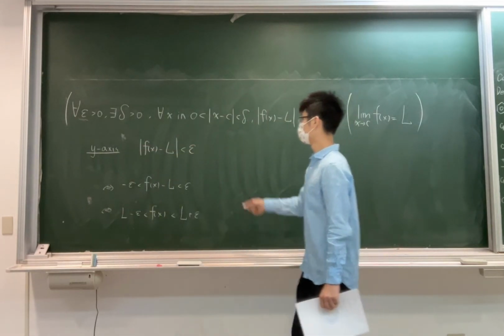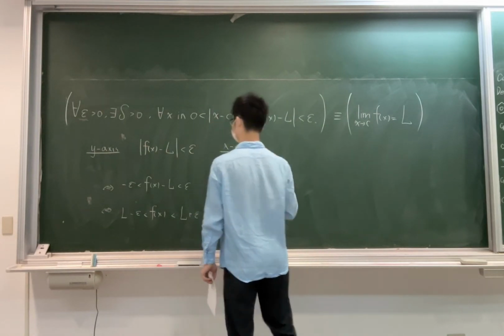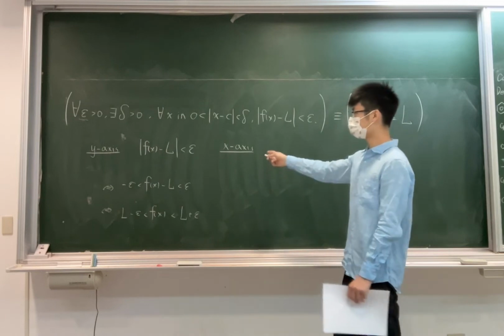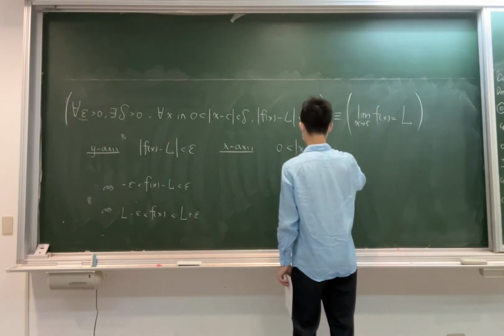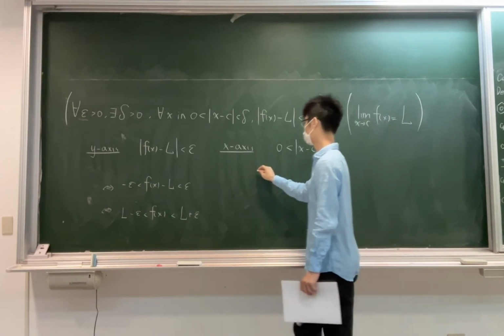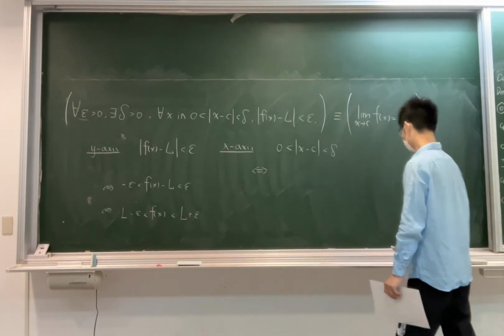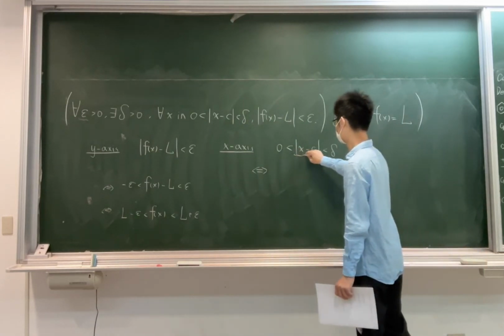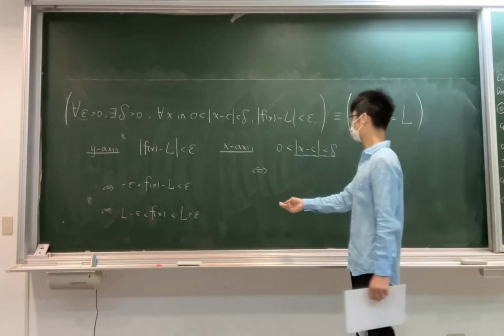And we talk about the approach on the x-axis. In the x-axis, we have 0 less than the absolute value of x minus c, less than delta, right? So equivalent to, let's see here, let's ignore the 0 part, okay?